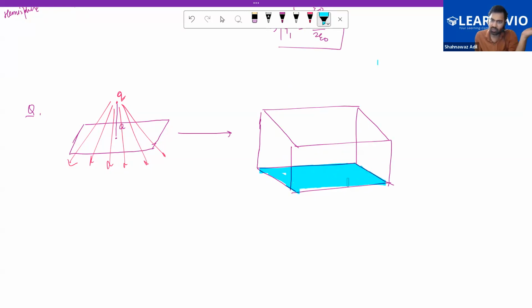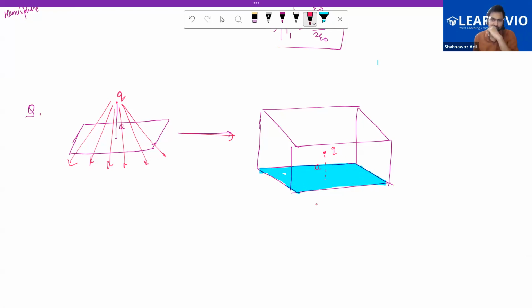So this becomes a cube. This is the sheet, and on top of it I have this Q charge at a distance. This is the diagram.